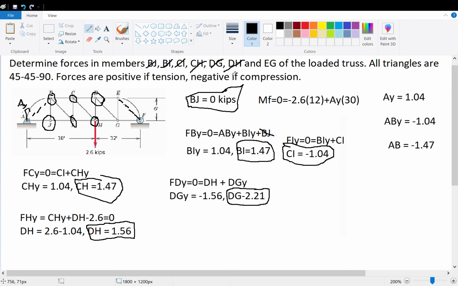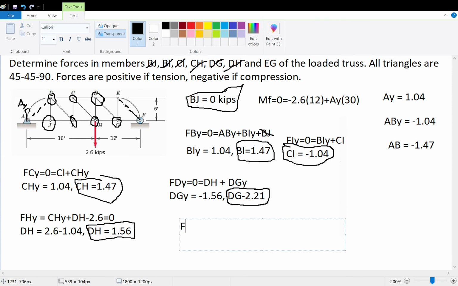Now you got DG, and that means you only have one more left. So you're going to move down to joint G, and you're going to, for the last time, do a net force equation in the Y direction at joint G using method of joints.